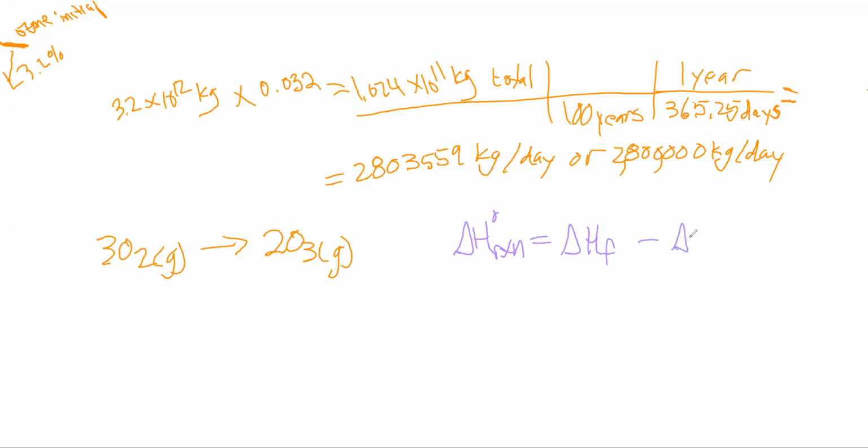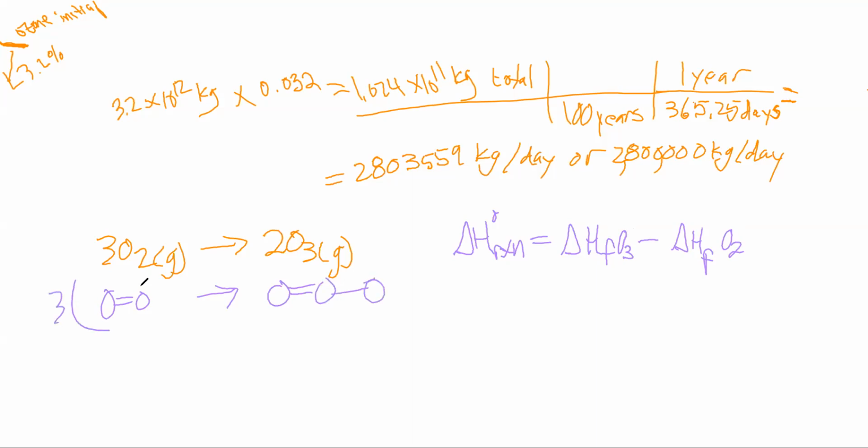So if we just wanted to find our heats of formation, is it products minus reactants or reactants minus products? Products minus reactants. So this is going to be our O3 minus that of our O2. You could do it by looking at your bonds, that this is a double bond with oxygen, and that this one forms a double bond and a single bond.